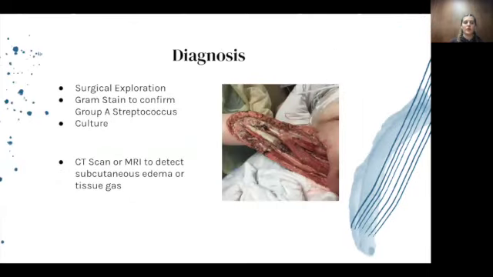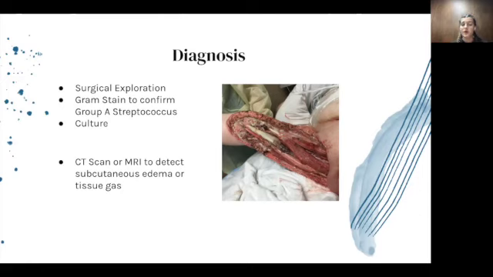So now we're going to go over what actually needs to happen to get a diagnosis of necrotizing fasciitis. The most effective diagnostic tool for necrotizing fasciitis is surgical exploration. So really just going in there and getting the infected tissue out.